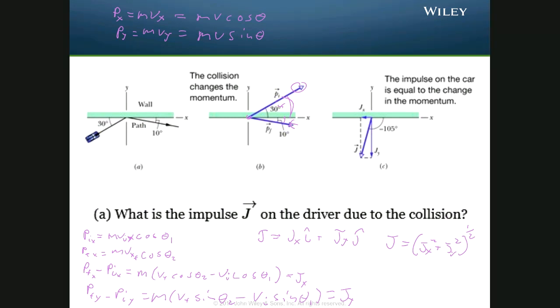If you want to check your answer, the correct vector is J equals minus 910 i minus 3500 j, in kilograms meters per second.